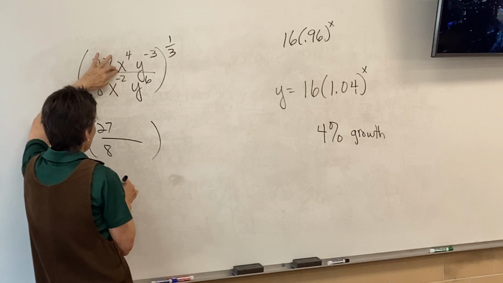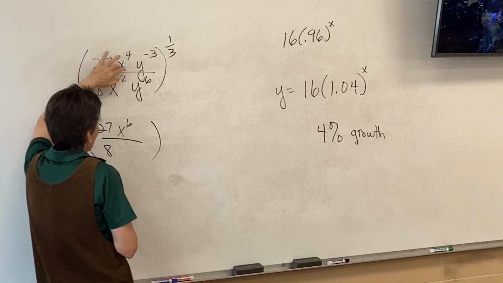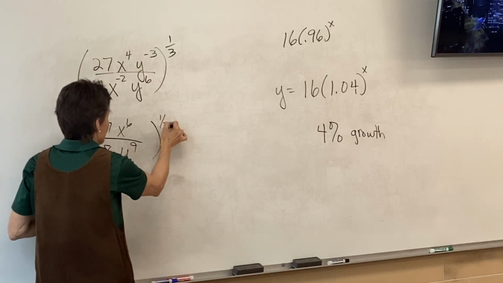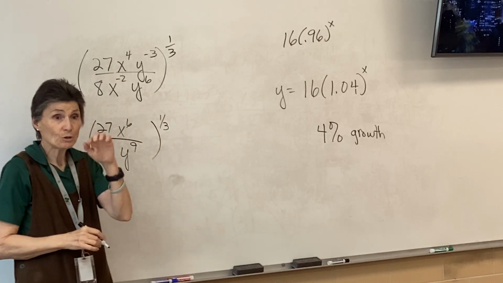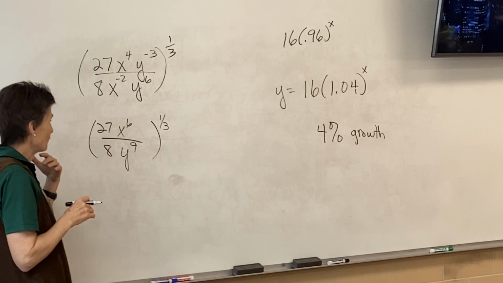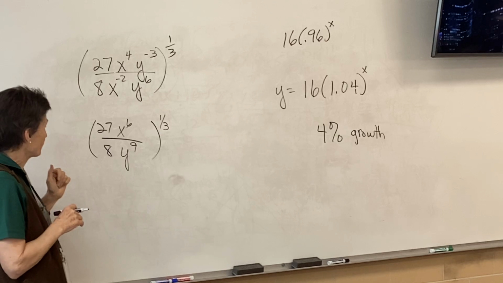So I've got 4, I bring up 2, that's going to give me x to the 6th. And then these come down, so I'm going to have y to the 9th. We can do what you said, that is exactly fine. It's just easier for me dealing with the fraction, especially if we clean this up first.